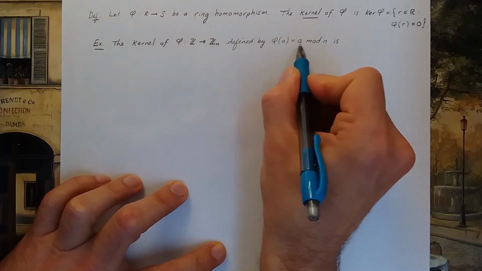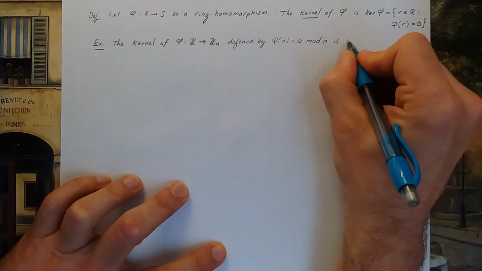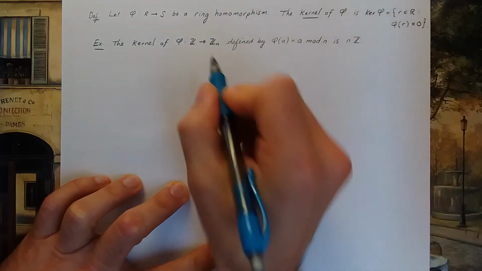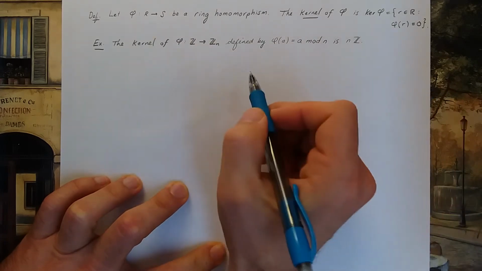So every multiple of n. I could write that down as nZ. So n times any integer is the kernel of this homomorphism.